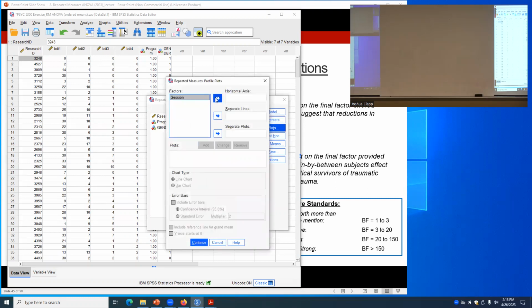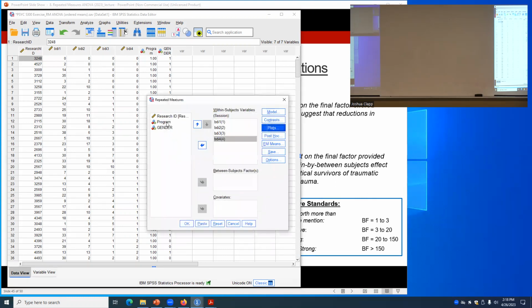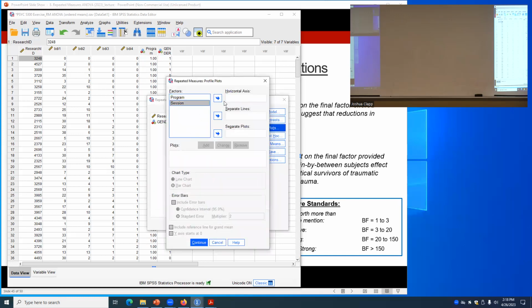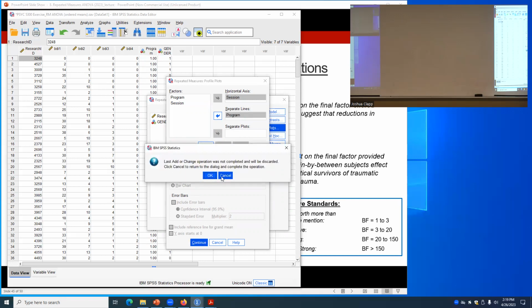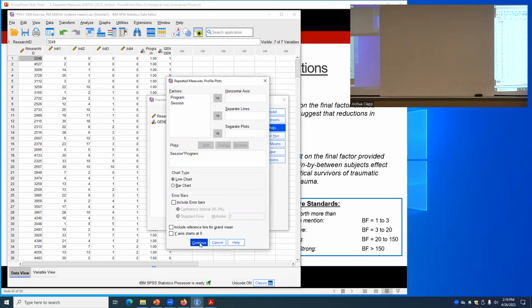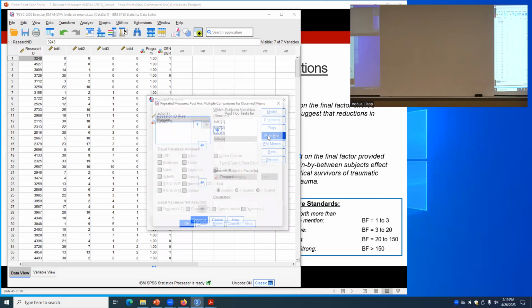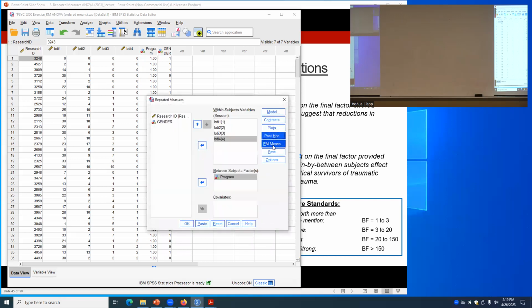Go through, and the program is the between-subjects factor. I'll have session on my horizontal axis, different lines for program. Add that and continue. Post hoc, I'm not going to worry about that.